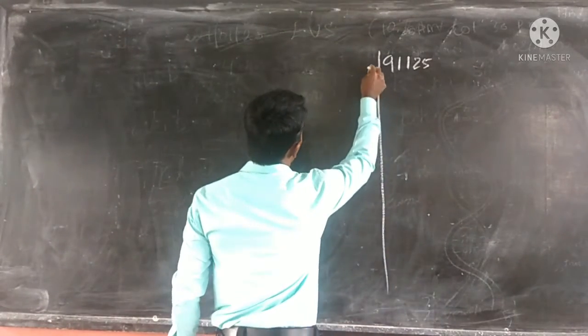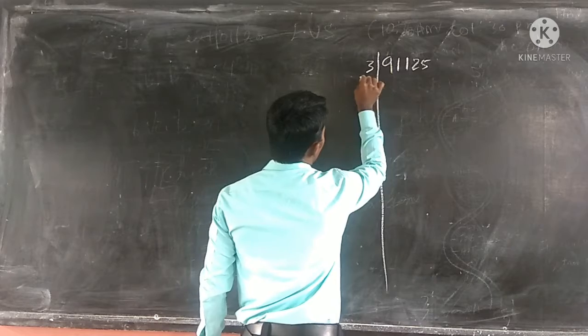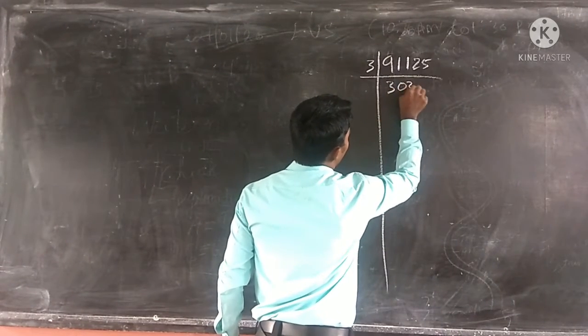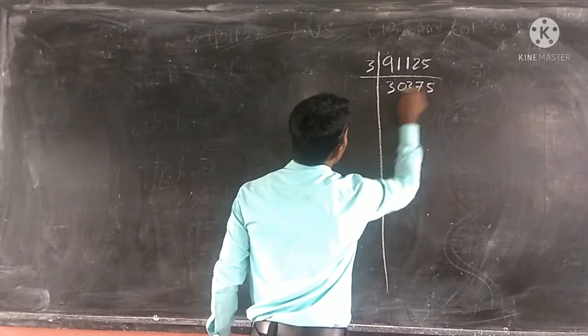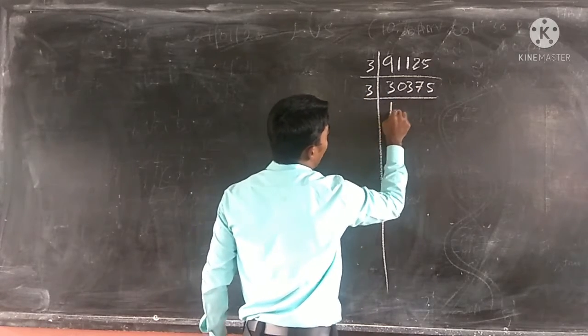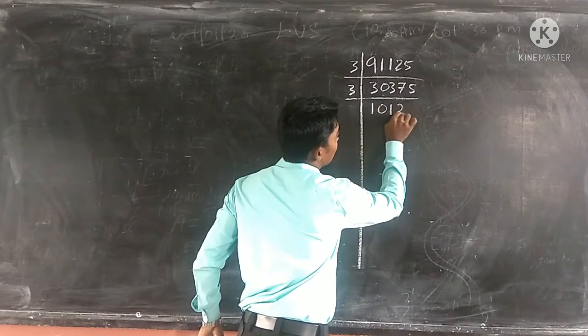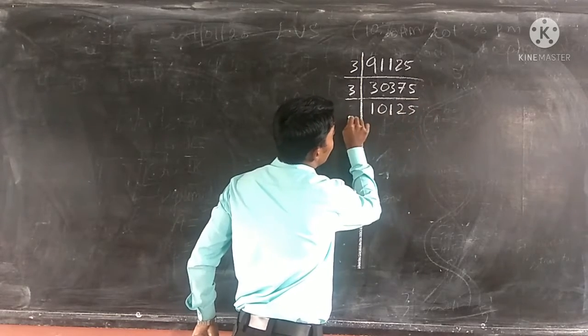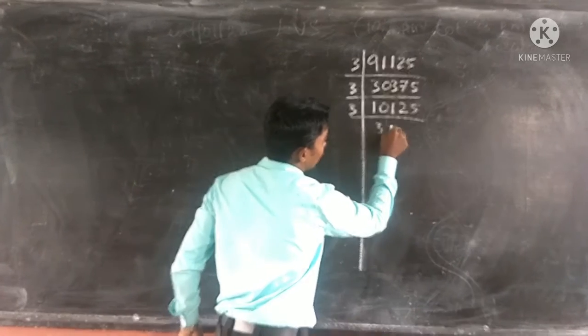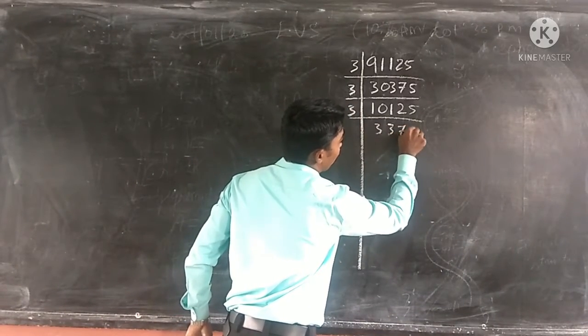91,125 can be divided by 3, we will get 30,375. We can divide this number by 3, we will get 10,125. We can divide this number by 3, we will get 3,375.